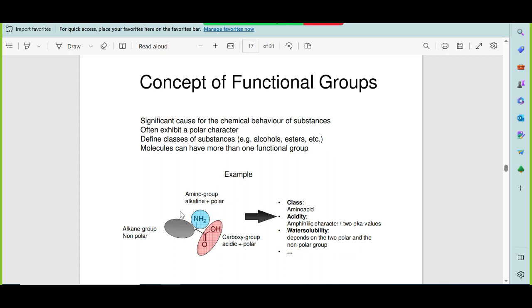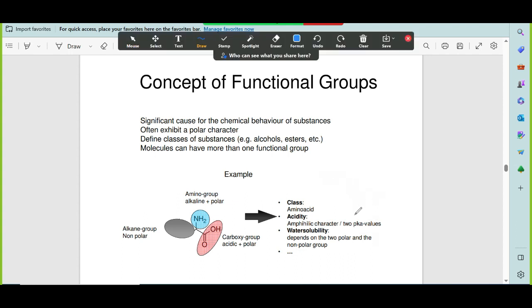Because this shows an alkaline character. So let me explain briefly why the amine group is alkaline, because you know the nitrogen belongs to the fifth group, and it has this lone pair.